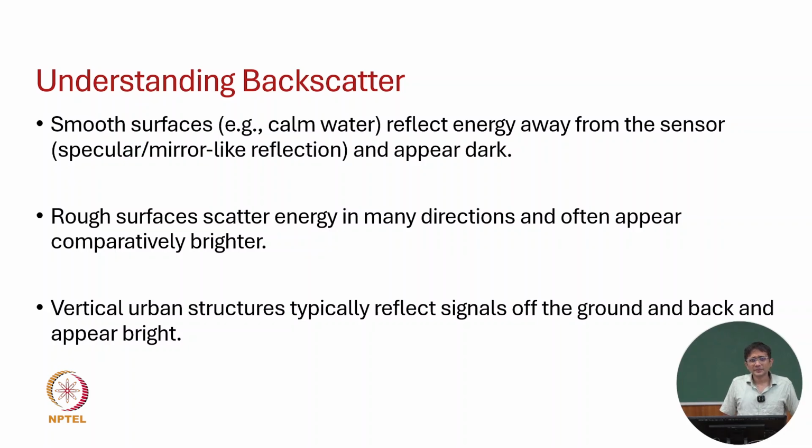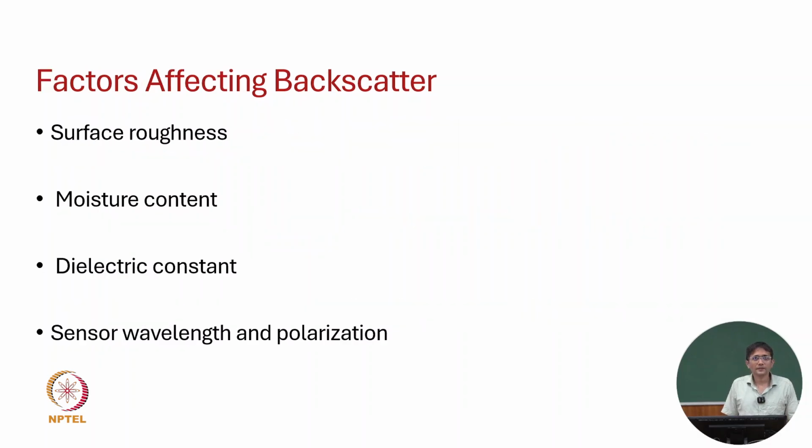No matter if we are talking about multispectral images or SAR images. Vertical urban structures typically reflect signals off the ground and back, and thus appear bright. An interesting phenomenon happens in such urban areas with buildings of different heights. The factors affecting backscatter include surface roughness, moisture content, dielectric constant, and the sensor wavelength and polarization.